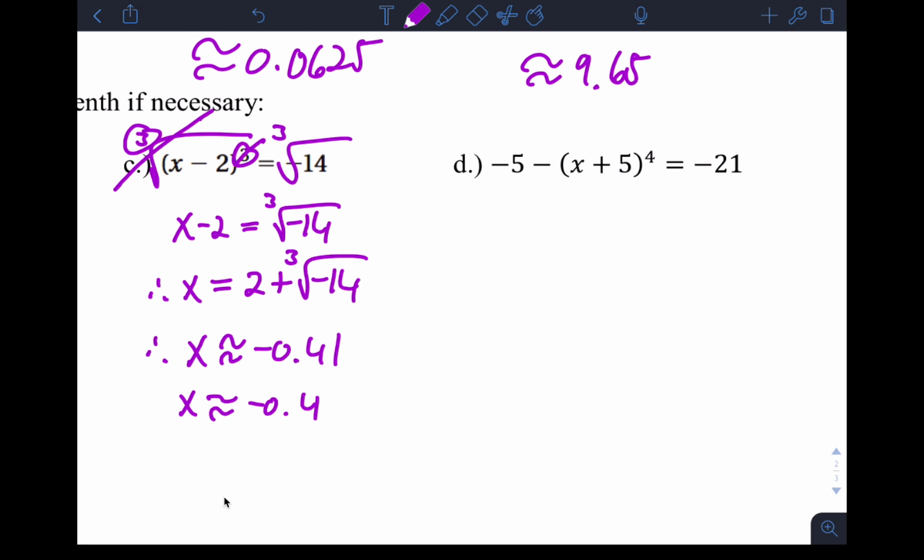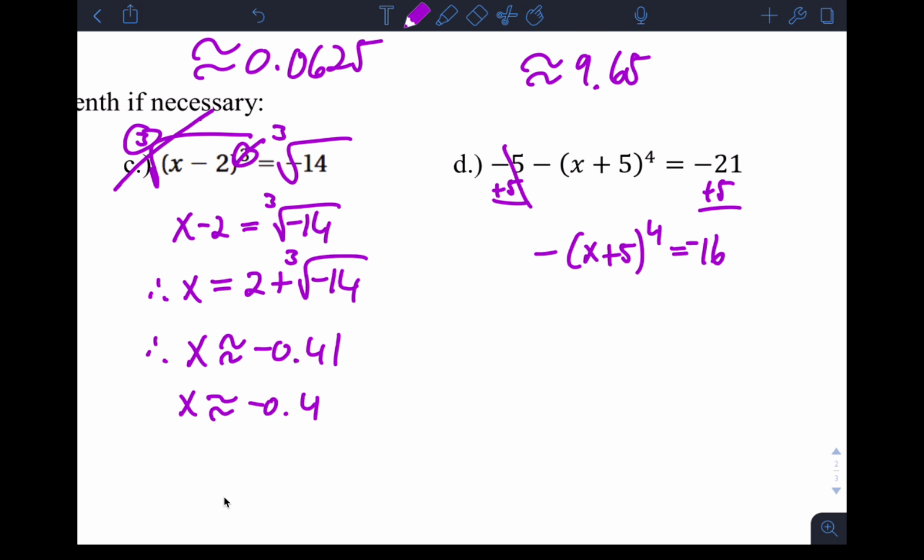And then the last example, again, we want to isolate this fourth power. So we go ahead and add 5 to both sides. And we get negative (x plus 5) to the fourth equals negative 21 plus 5, that's negative 16.